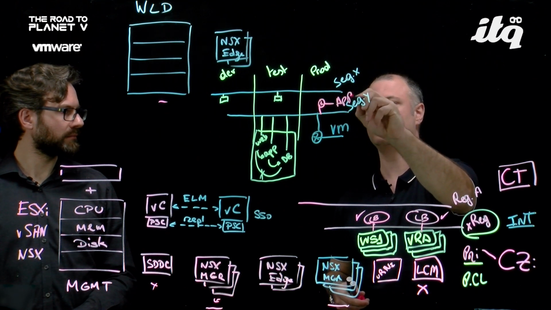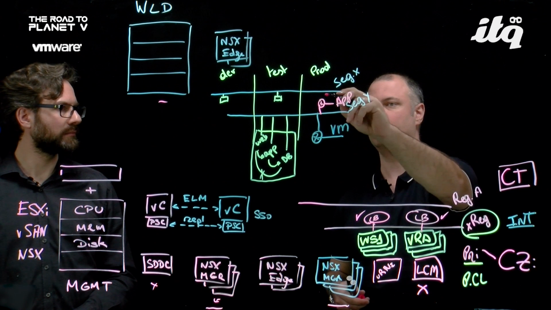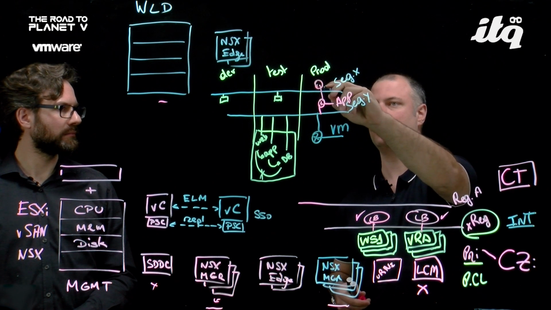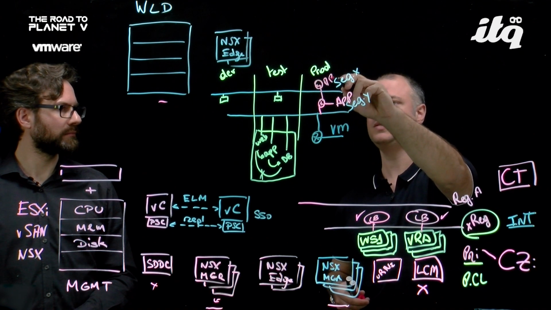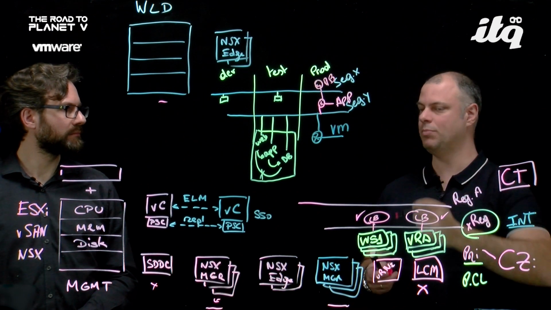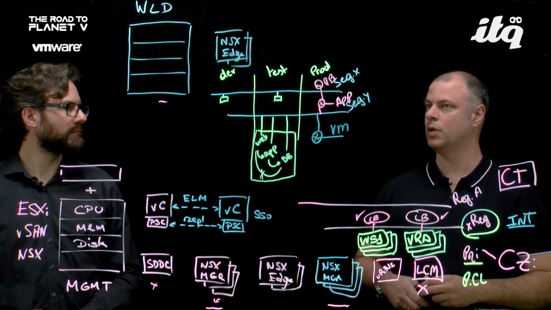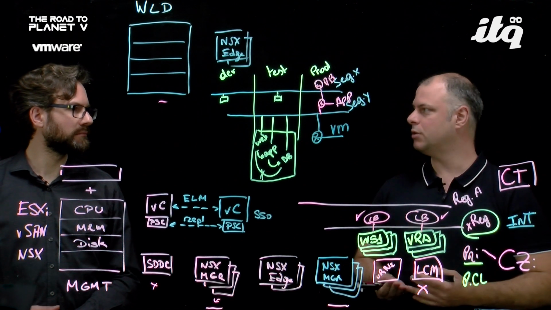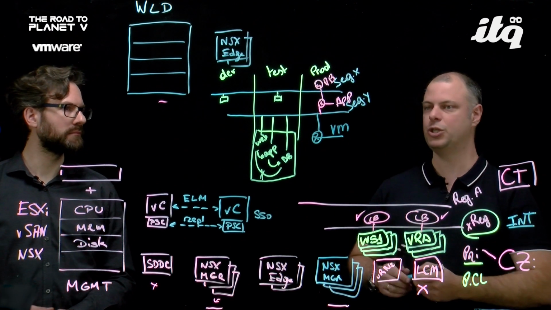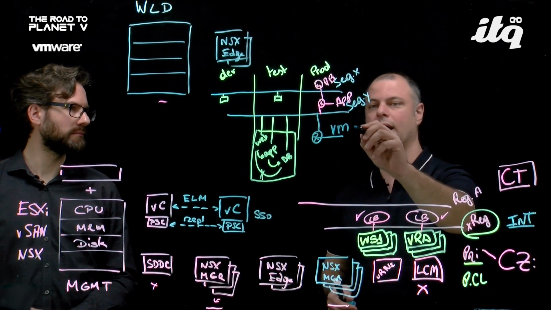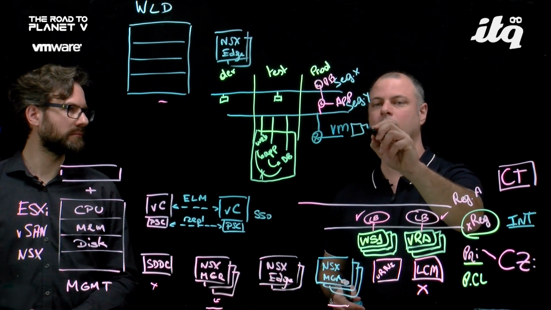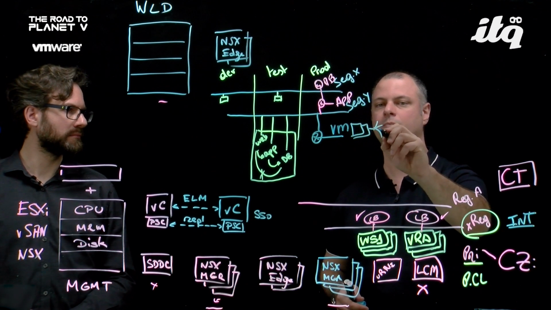So here would be my app, and here would be my DB. In this case, we already have an example of a 3-tier app using micro-segmentation, or at least segmentation. And in a web scenario, we could also implement, for example, a load balancer.